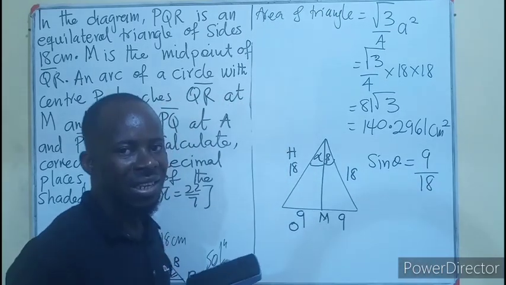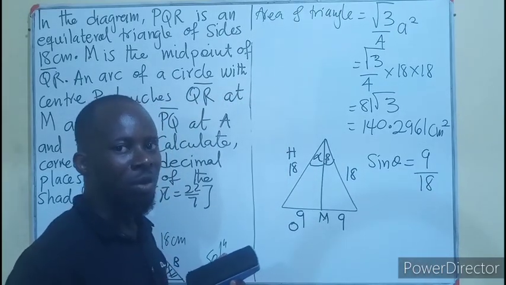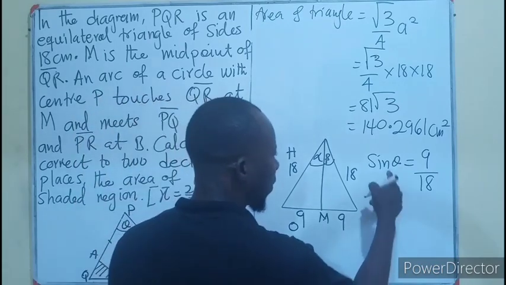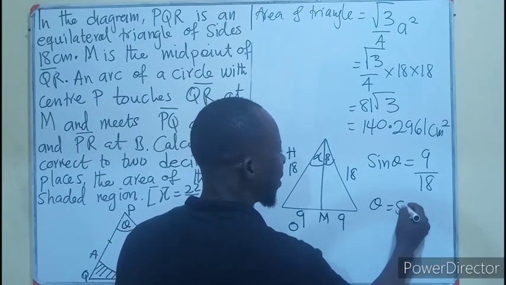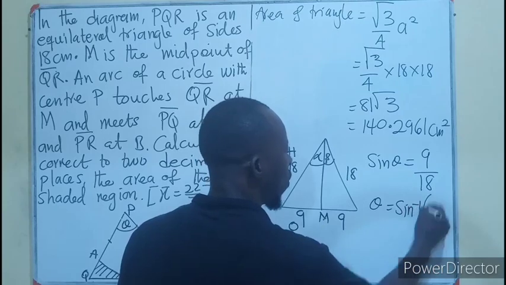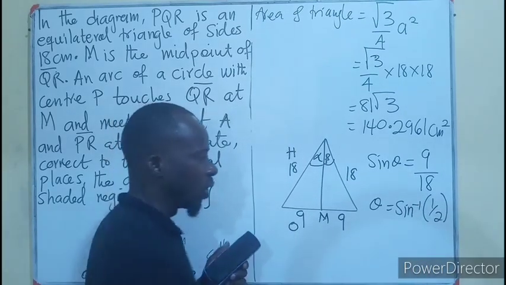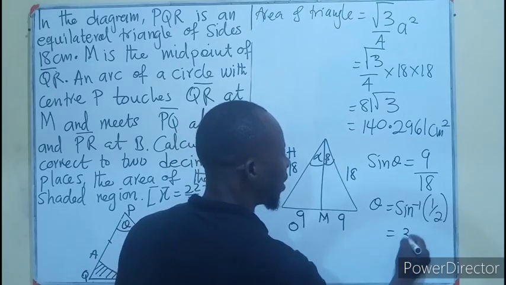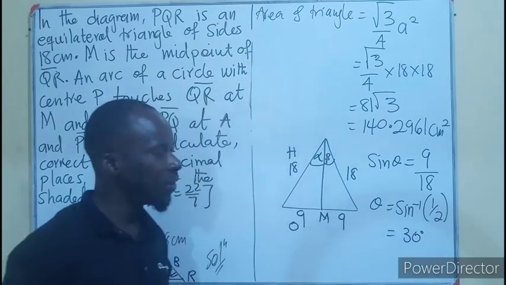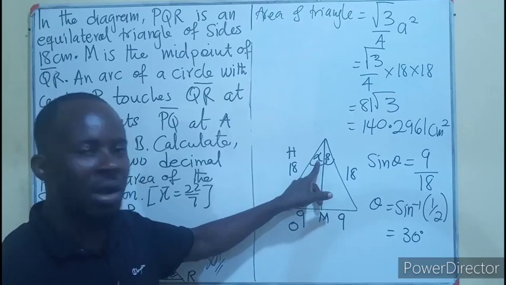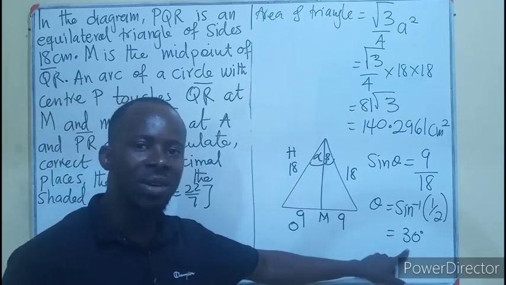Hypotenuse, which is 18. And 9 over 18 we know is going to be half. So theta will be sine inverse of 1 over 2, and sine inverse of 1 over 2 we know is going to be 30 degrees. So the angle alpha will be 30 degrees.